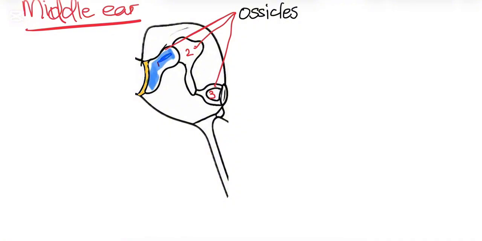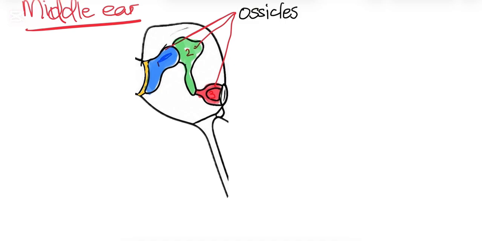So this is the largest of the three bones, and it is connected to the second one, which is this one, and then the second one is connected to the third one, which is the smallest of the ossicles, the smallest of the three, right?